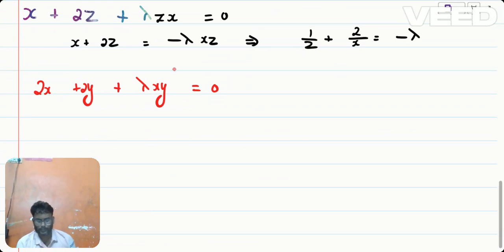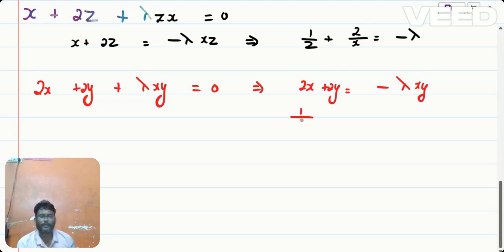From this we get 2x plus 2y equals lambda xy. So dividing by xy, we get 2 by y plus 2 by x equals lambda.